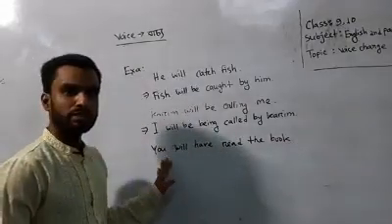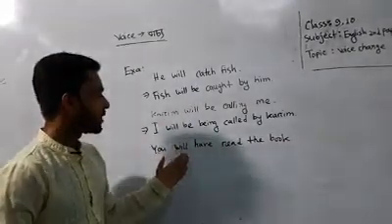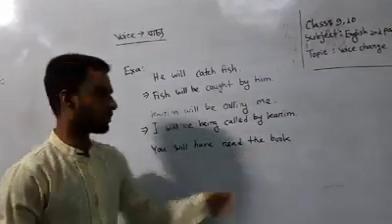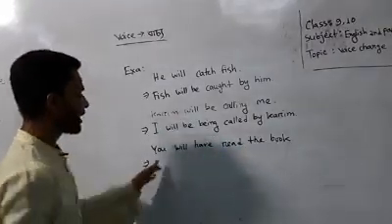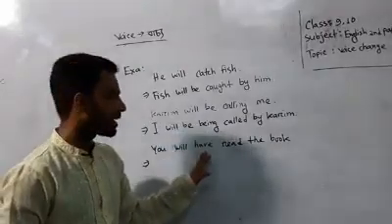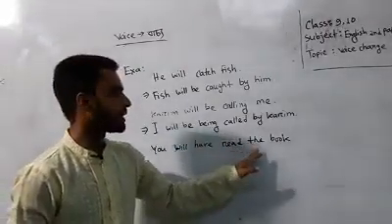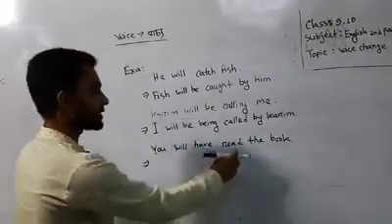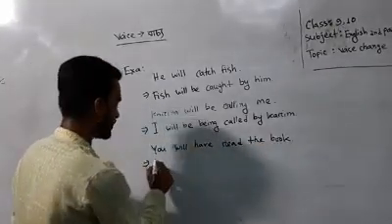Look at this sentence, my dear students. You will have read the book. Here you is the subject, will have is the auxiliary verb, read is the principal verb, and the book is the object. So at first you have to add the book as subject.